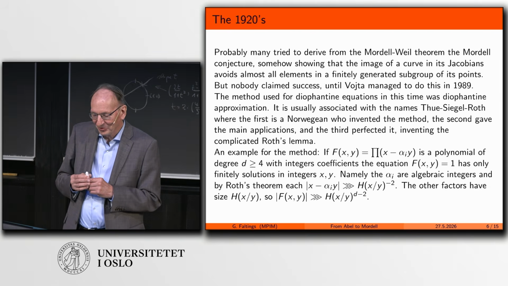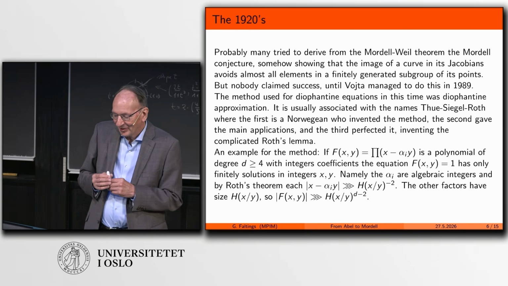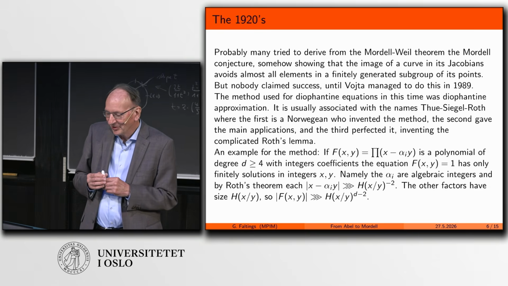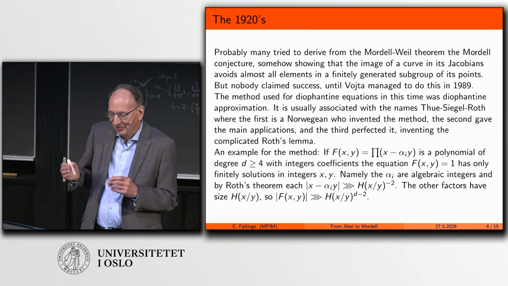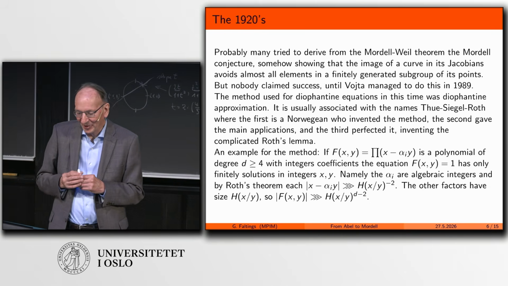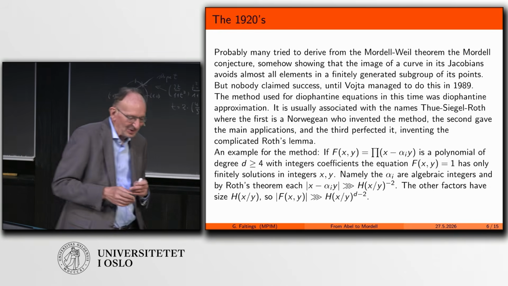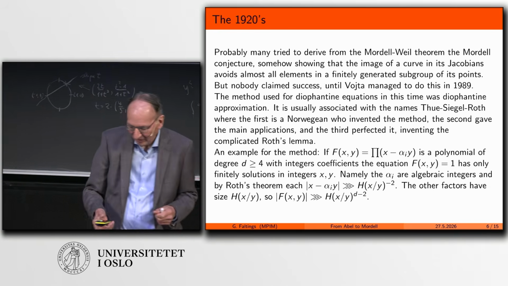Putting this together, you get that the value of f(x,y) is a power of the height, and if you want this value to be 1, then the height has to be bounded, and there are only finitely many solutions. So the Norwegians were clever people, even then.